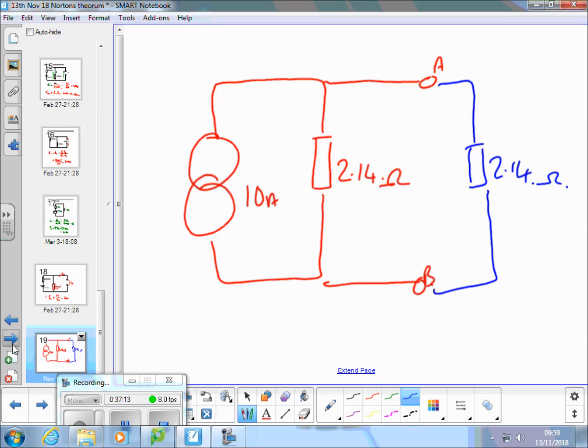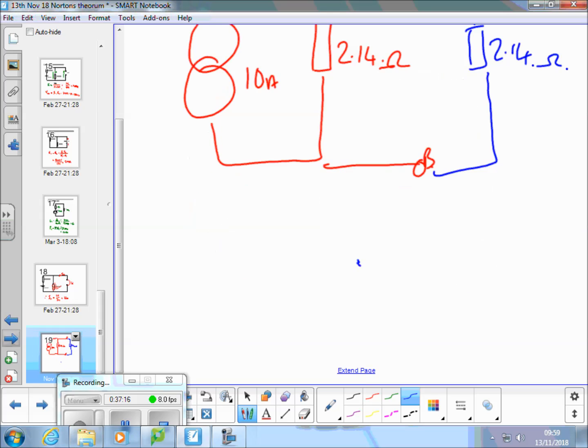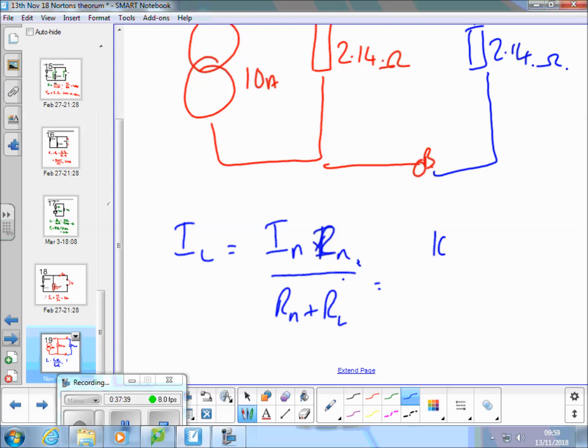But if you wanted to, you can say IL is equal to IN times RN over RN plus RL. 10 times 2.14 over 2 times 2.14 equals 5 amps. You get exactly the same result.